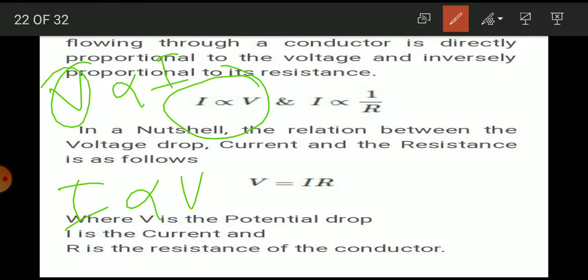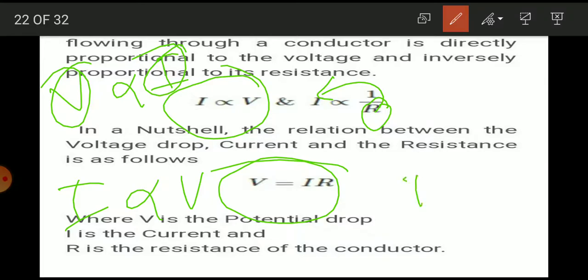Voltage is the cause and current is the effect, so current depends on voltage. So V is equal to IR. This will be the equation.